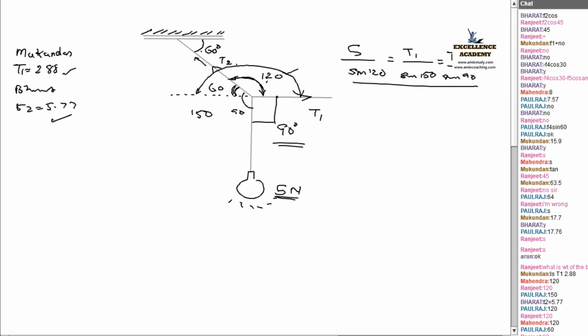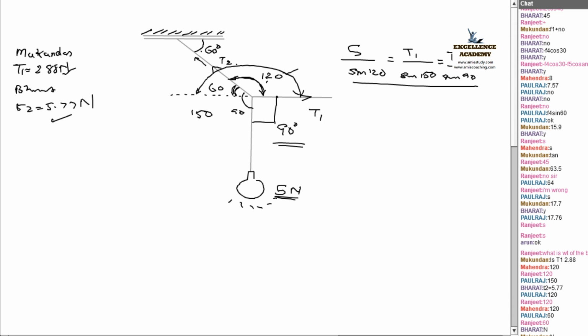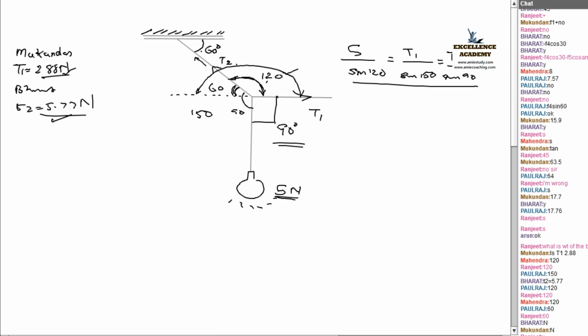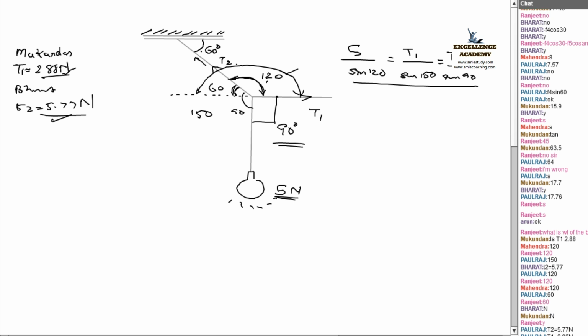That is essential. Yes, it is in Newton. You always have to express the answers with their units. Okay, is it clear? Yes, T2 is equal to 5.77 Newton. Yes, right. Yes, 2.88 Newton is T1. Right.